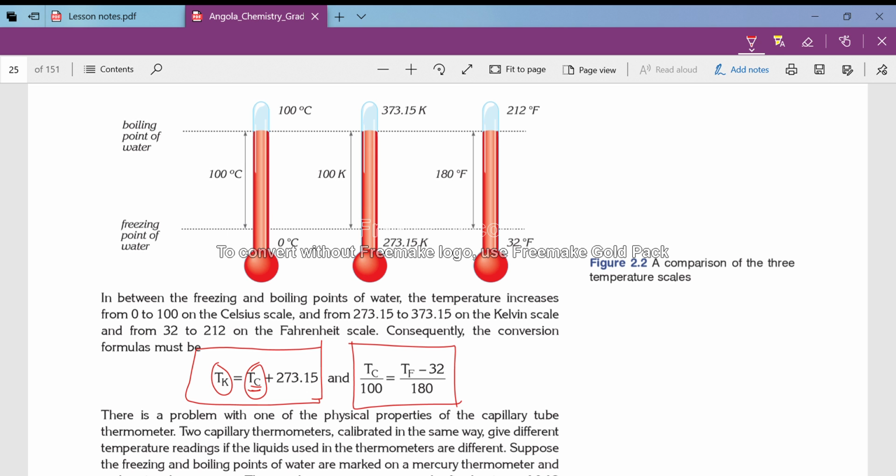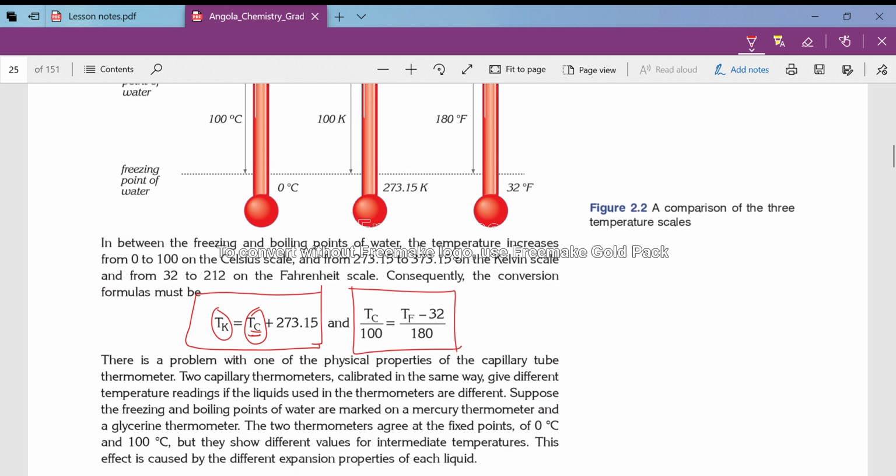So guys, we have this formula that will be used to convert from Kelvin to degrees Celsius, or from degrees Celsius to degrees Fahrenheit.